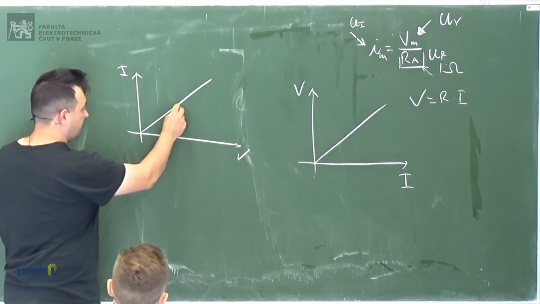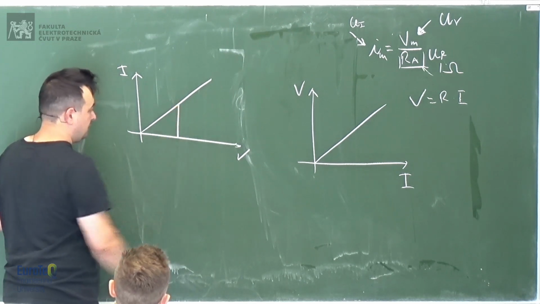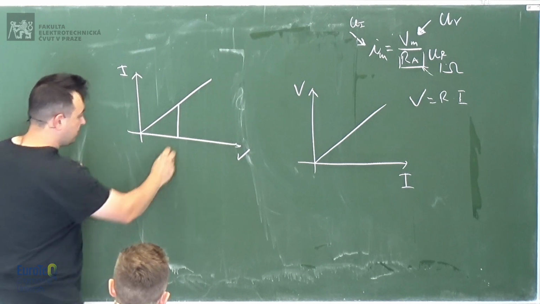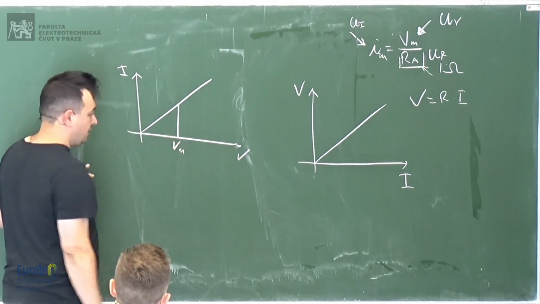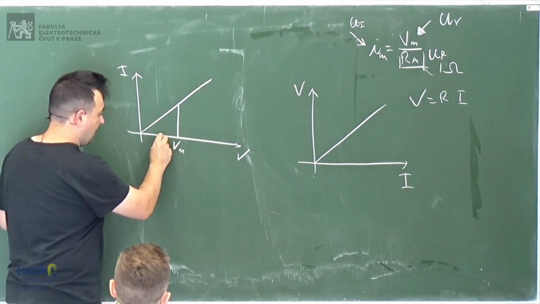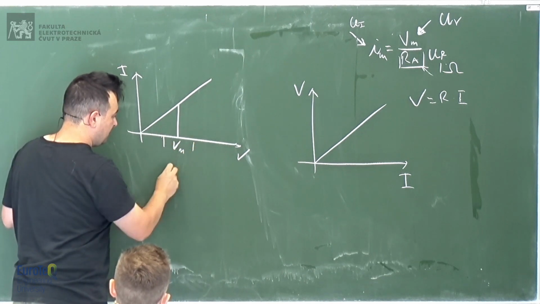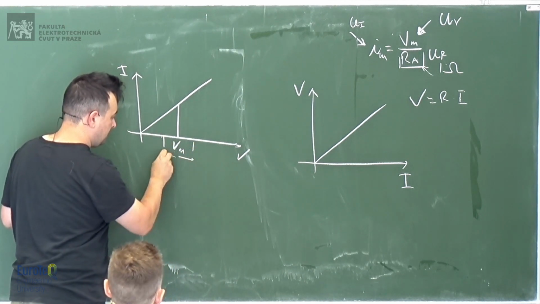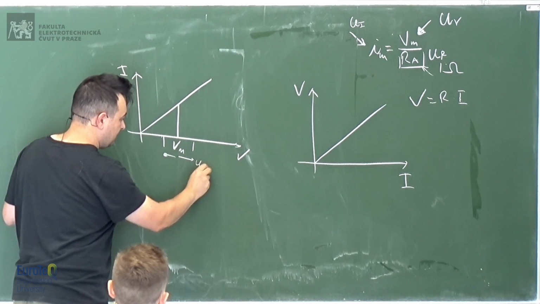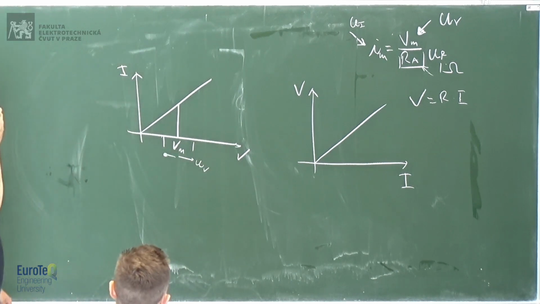What does it mean here? It means that we have a measured voltage here and some uncertainty of the voltage.